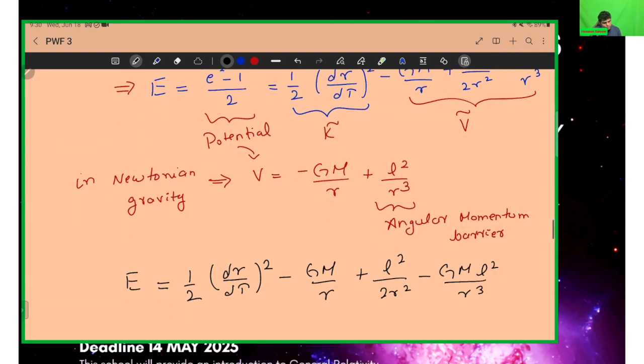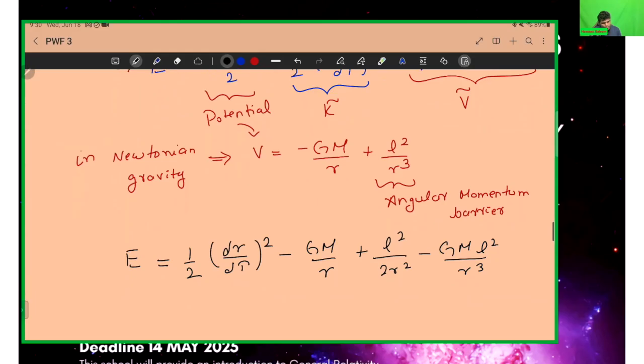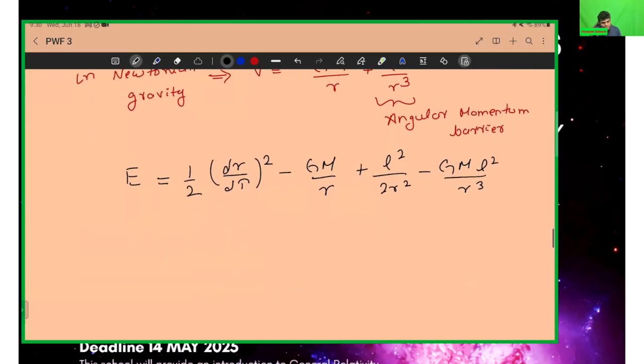So if you differentiate this equation with respect to r, then what you get is something like this: d squared r over d tau squared equals. So differentiate. What do you get? You get something like this.